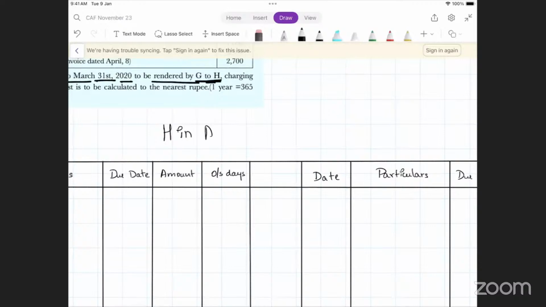H in account current with G. It's like saying H's account in the books of G, as on.